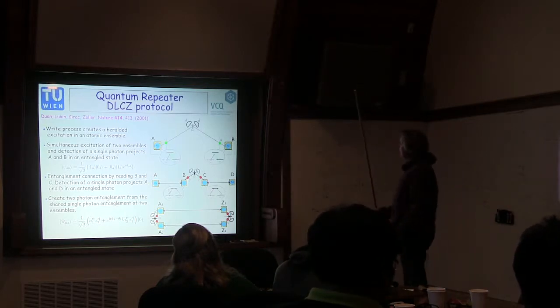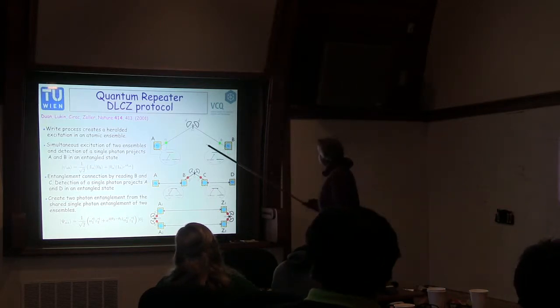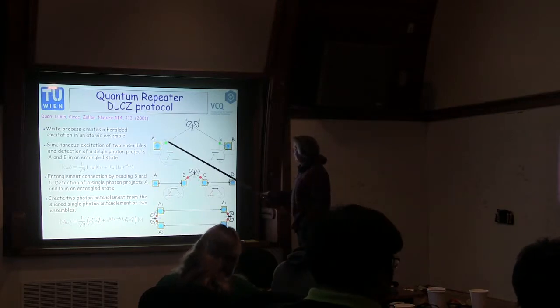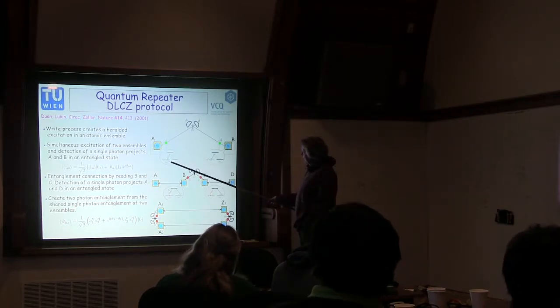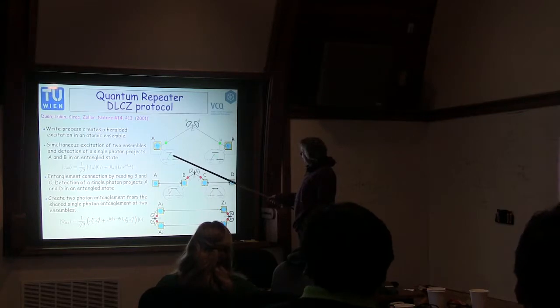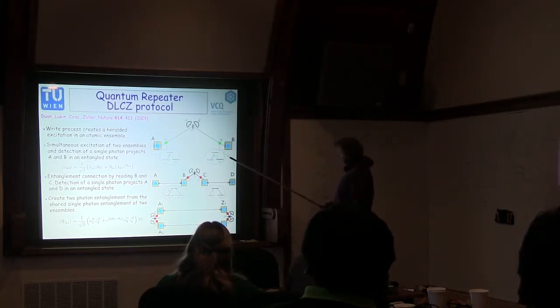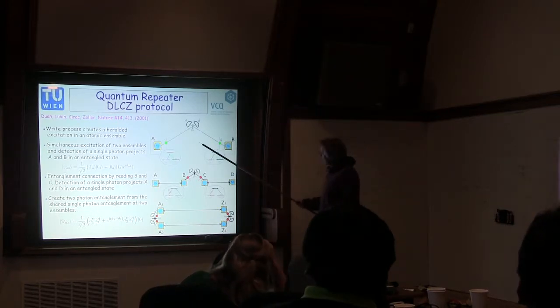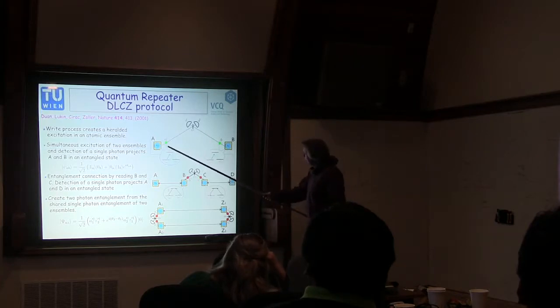So the basic idea in the beginning was you take an atomic ensemble here, and you very quickly excite this atomic ensemble so that you have a very small probability of emitting a photon. And you take a second atomic ensemble and do the same thing. And you make this excitation so weak that you never emit a photon on both sides.